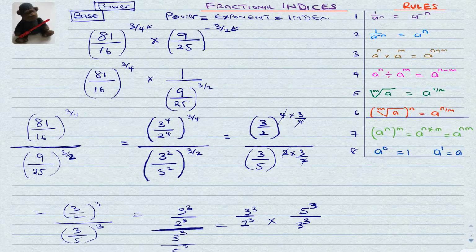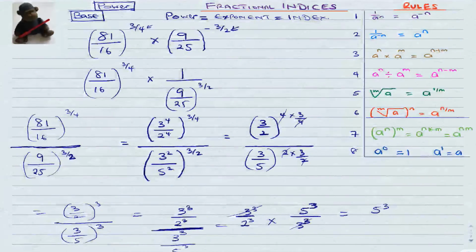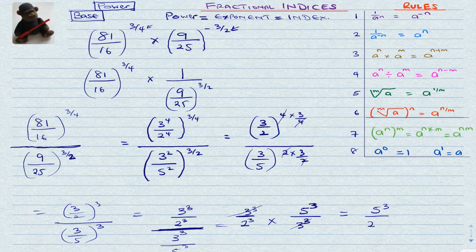So luckily we didn't multiply out the 3 cube because the 3 cube cancels out. 3 cube cancels 3 cube. And that will give us 5 cube over 2 cube, which is 125 over 8. And that's our answer.